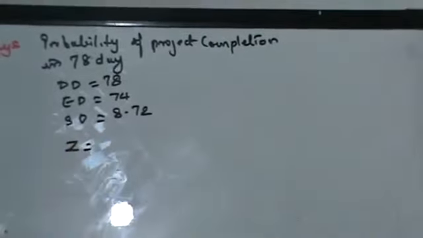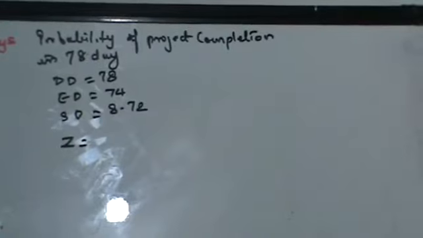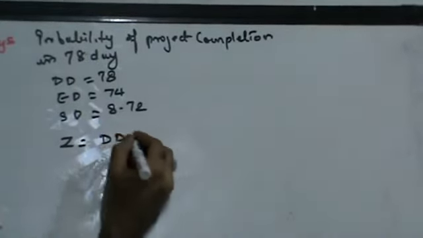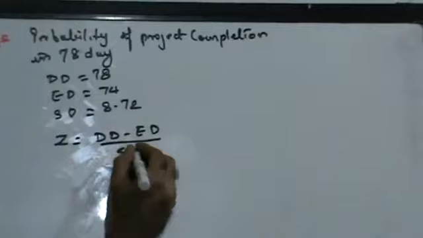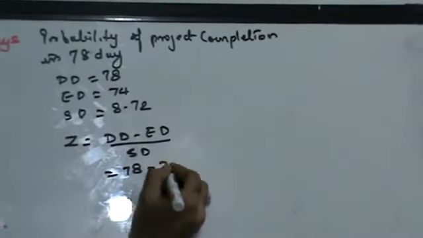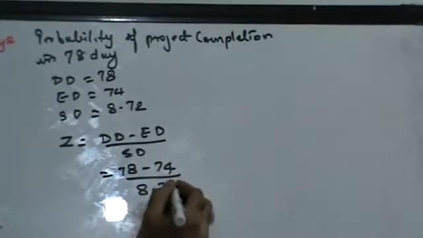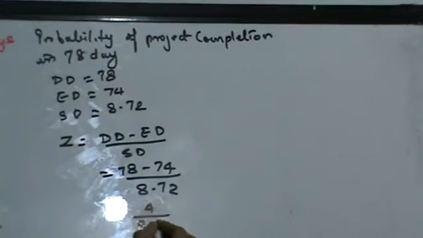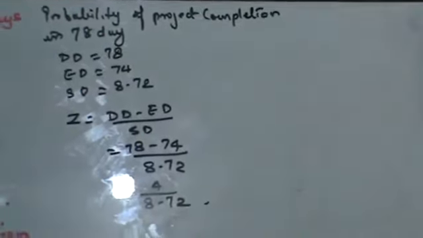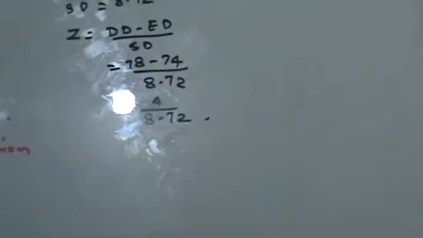Therefore I can find my normal variable z. z is due date minus expected date upon standard deviation: 78 minus 74 upon 8.72, which is 4 upon 8.72. When you divide this, you should get 0.46.